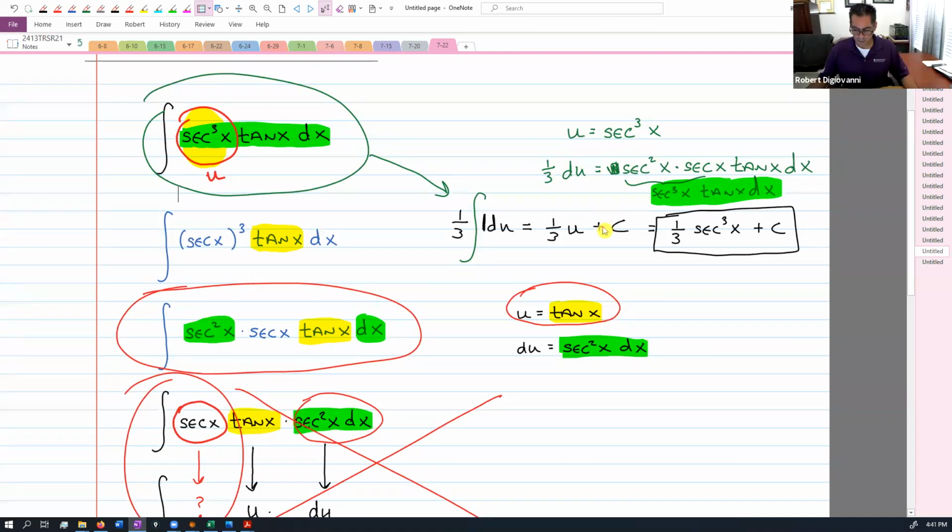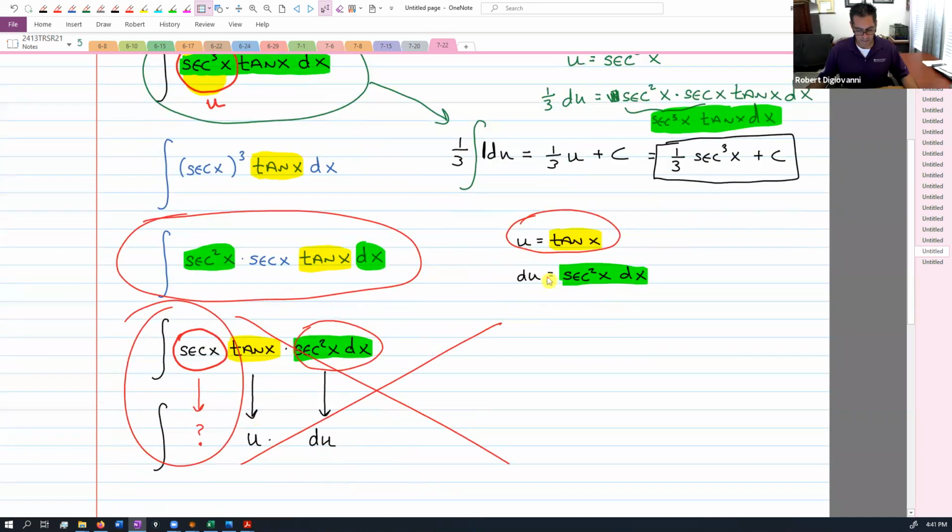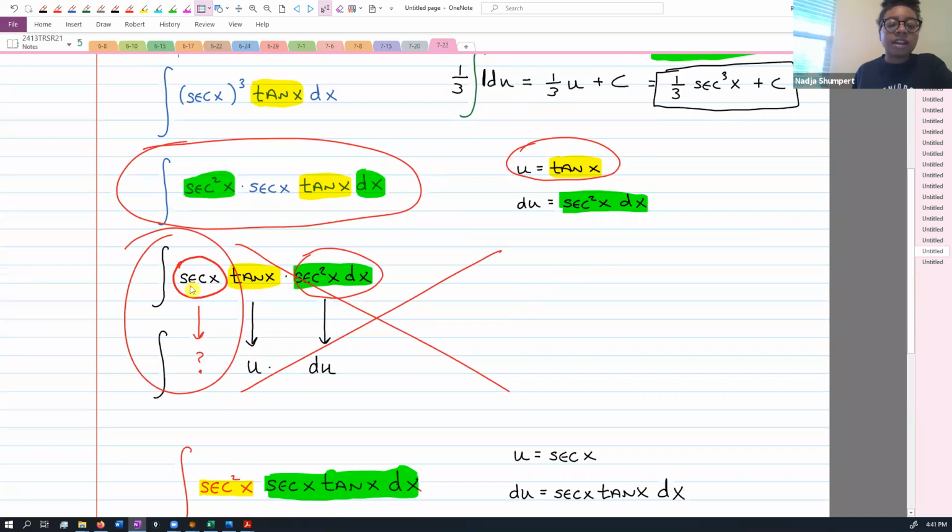But when you did the initial way, with that secant squared x, with the tan, or that secant x tan x, yeah.